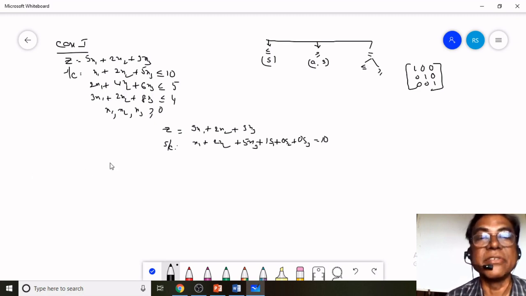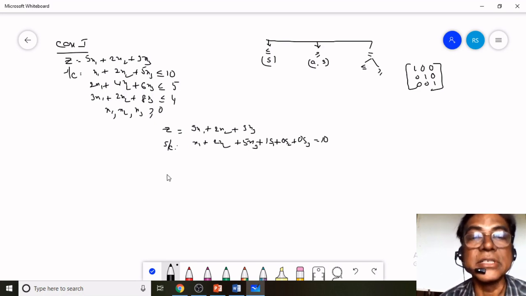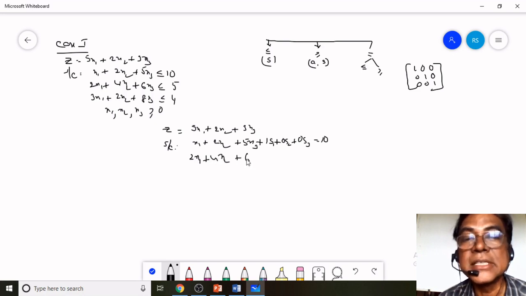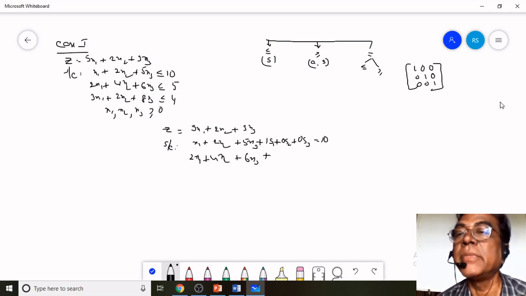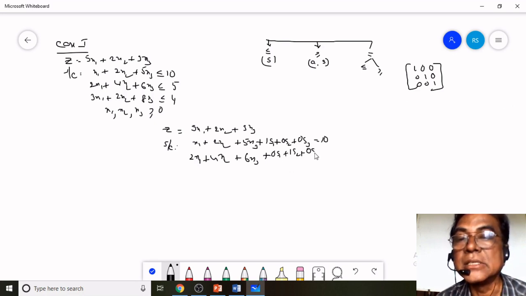Now go to the second equation: 2x1 plus 4x2 plus 6x3 plus, in the second row of the matrix the values are 0, 1, 0, so 0 S1 plus 1 S2 plus 0 S3 equal to 5.